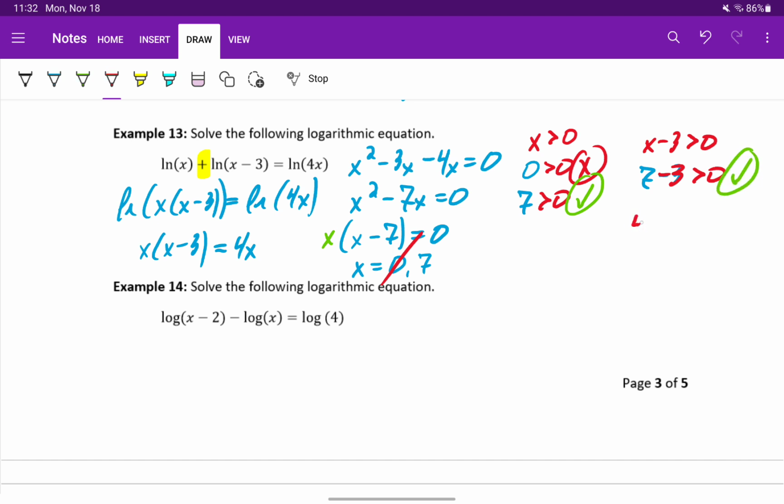And then we need to check that 4 times x is greater than 0. 4 times 7 will indeed be greater than 0, so that checks out. x equals 7 is within the domain for all three of the log statements. 0 is not, so we only have a single solution, which would be x equals 7.